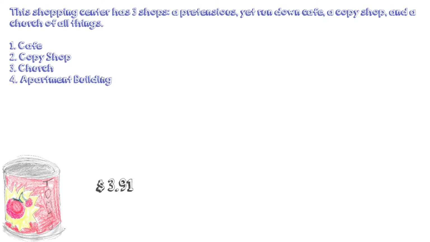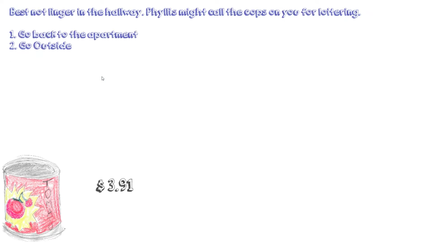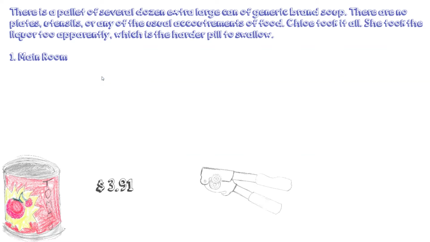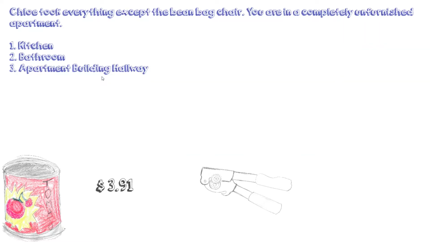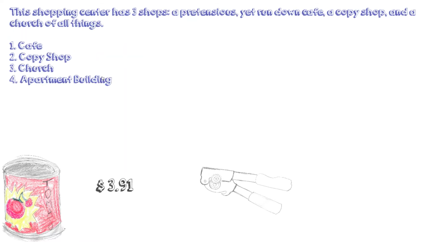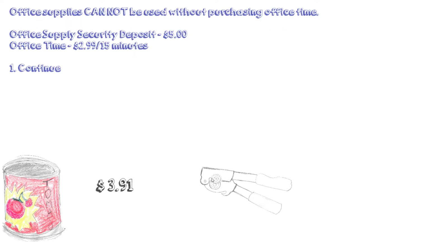If we go back to the apartment building, go inside, go back to the apartment, go to the kitchen, actually get the can opener, and then go to the copy shop, and then click the can opener. It does have a context-sensitive thing, letting you know that you can't use the scissors, in fact.